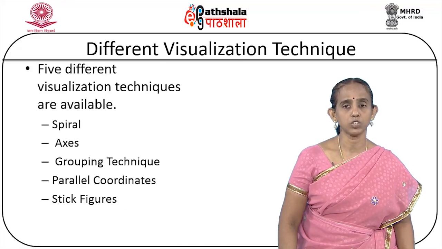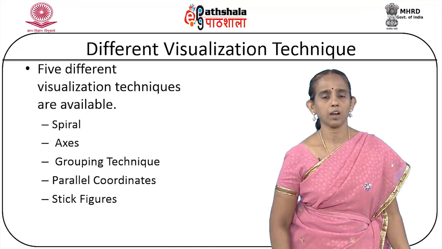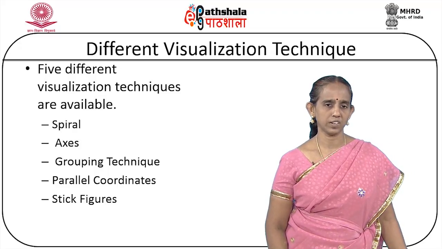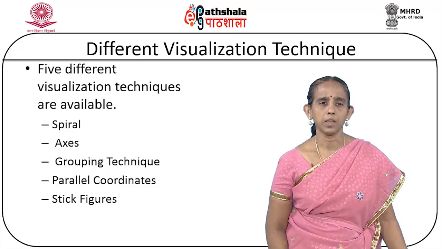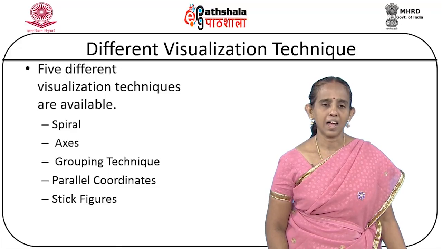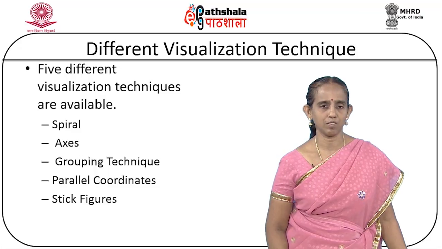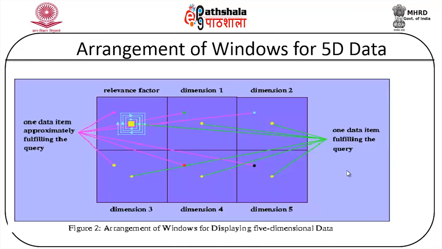There are various visualization techniques that are applicable in VisDB. Five different visualization techniques are available, namely the spiral, axis, grouping technique, parallel coordinates and stick figures. This is the kind of arrangement of windows for the 5-dimensional data representation.